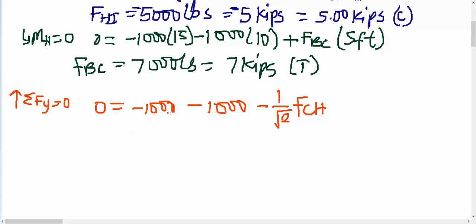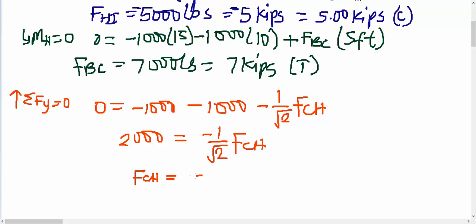Solving for FCH, well, this is 2,000. So move that to the other side. Then multiply both sides by negative square root of 2. That gives us FCH as negative 2,000 square root of 2 in pounds.